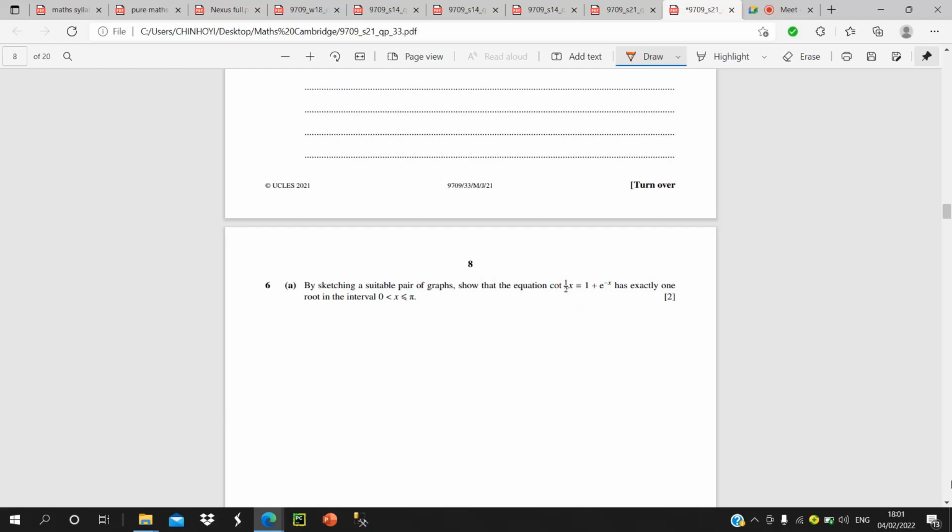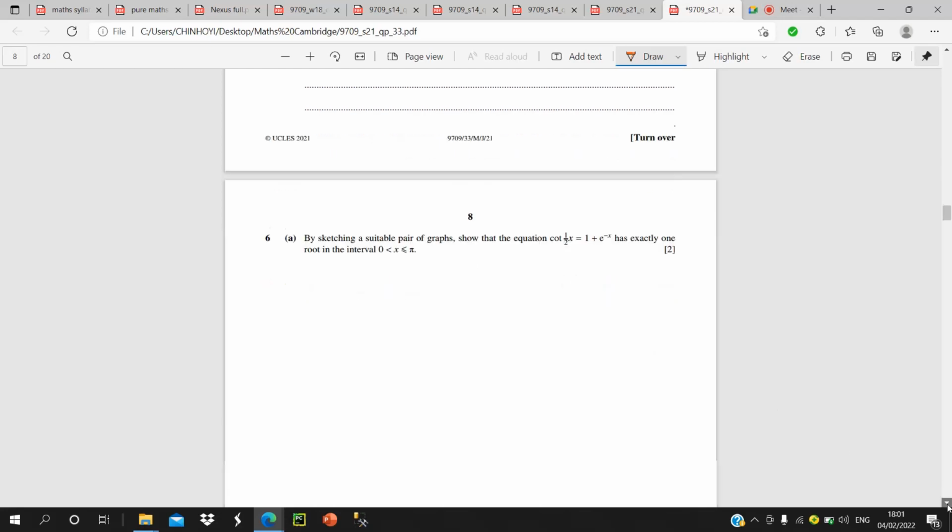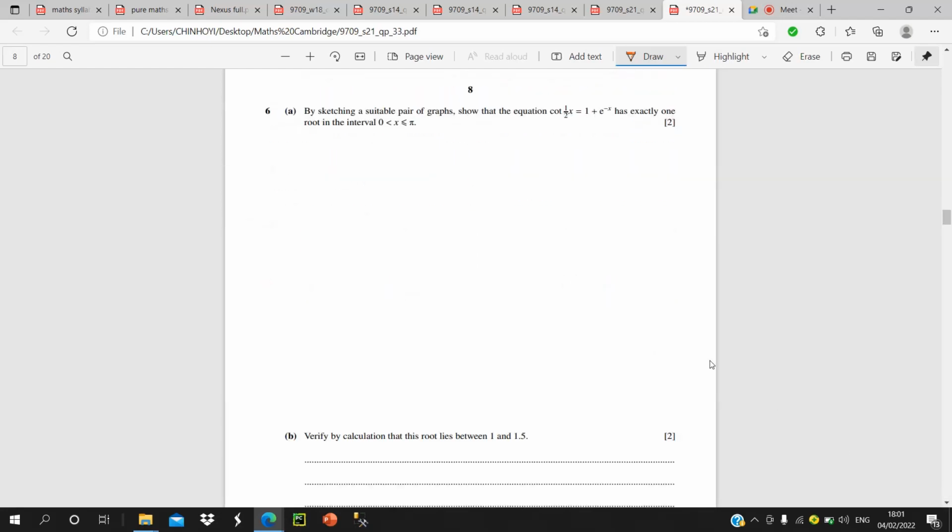Firstly, let's sketch the graph of cot. I'm taking it from 0 to 2 pi, because here it's in terms of radians. You know pi is 180, right? Yes.